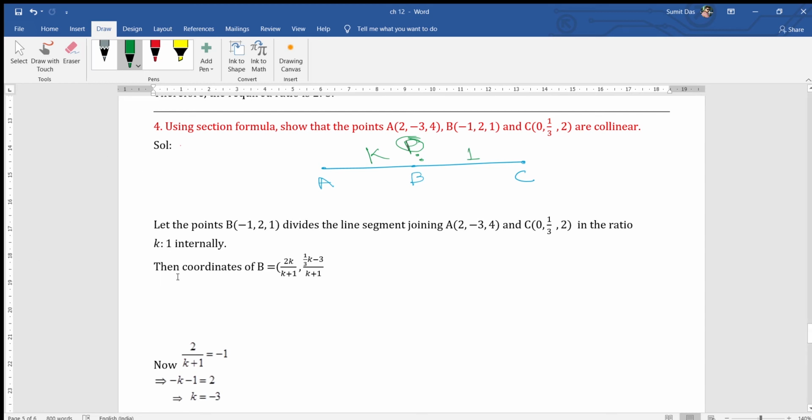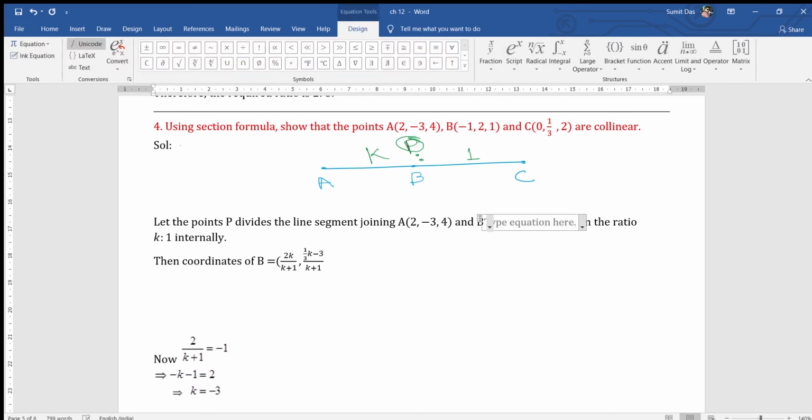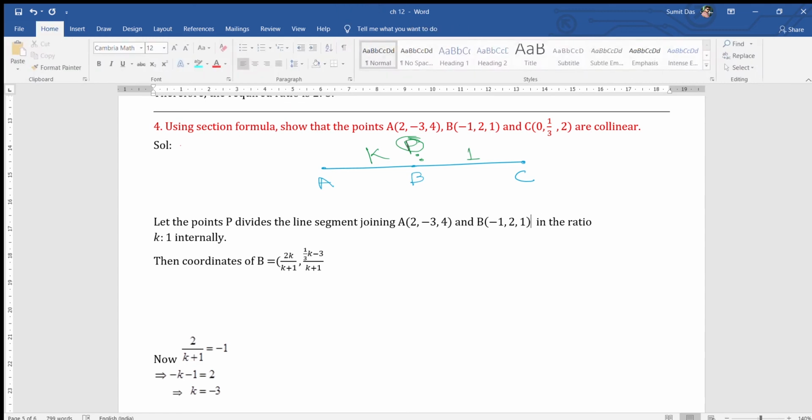So first, let the point P divide the line segment joining A and B, with coordinates -1, 2, 1, in the ratio k is to 1 internally.